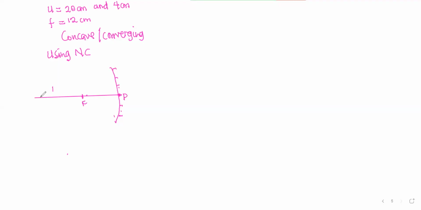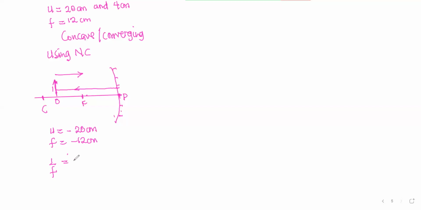So if that's 12, then C will be here. So it means that the object will be in between. There's the direction of incident light. And so my object distance, because it must be in this direction when I'm measuring, straight away U is negative 20. And F would also be negative 12 centimeter.